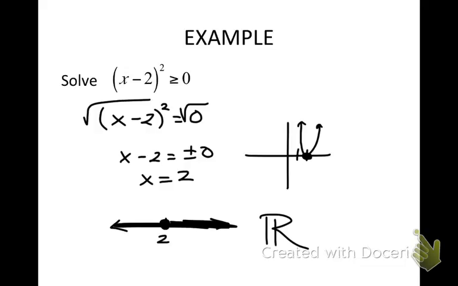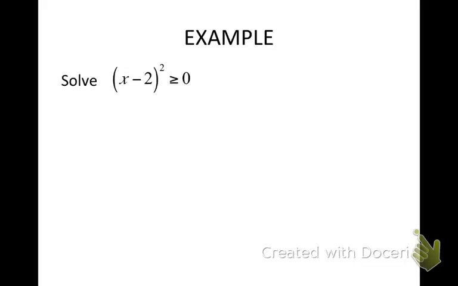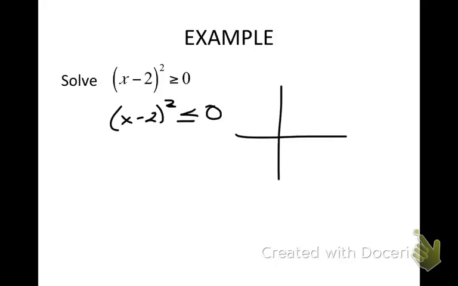What if I change this problem? What if we changed it to x minus 2 squared is less than or equal to 0? So again, did my x-intercept change? No. My x-intercept is still at 2.